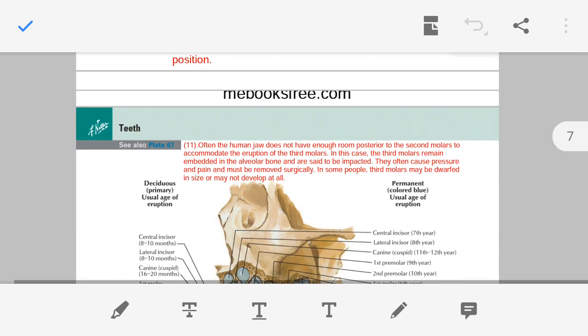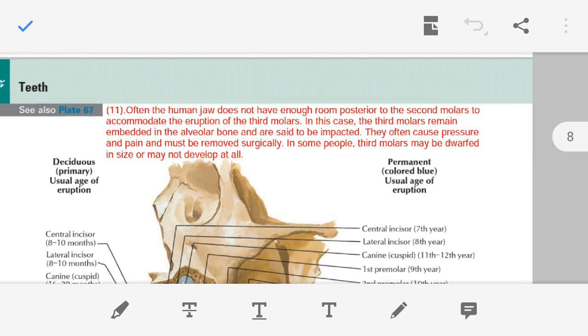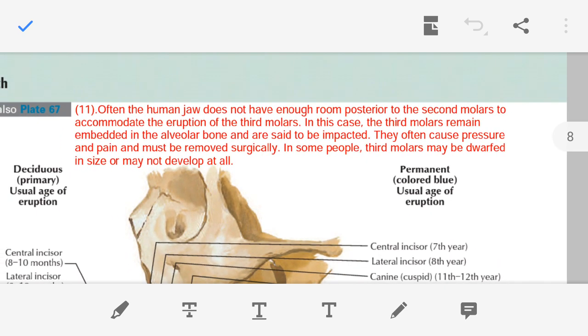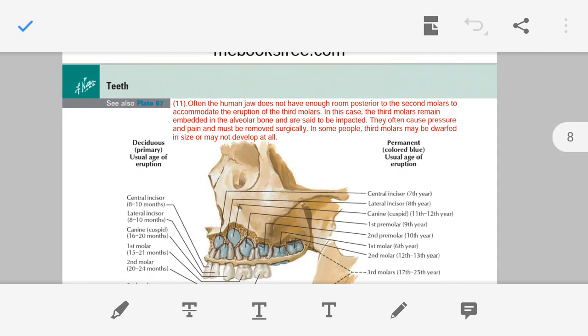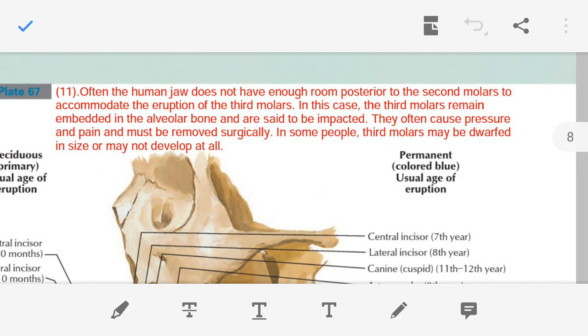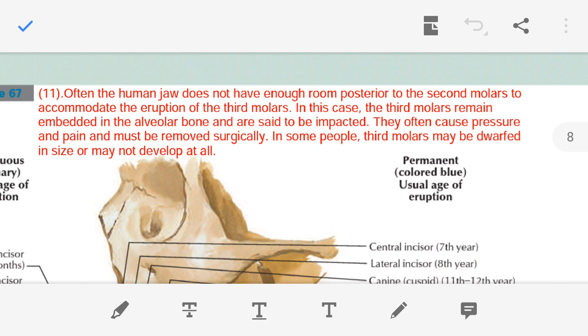Okay, now the last point of our discussion. Sometimes in humans there is no space for the third molar. There is no space for the wisdom teeth to erupt out from the jaw.